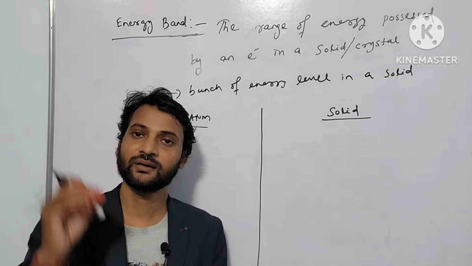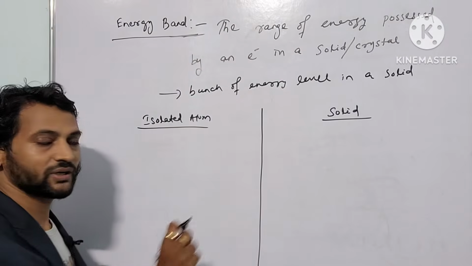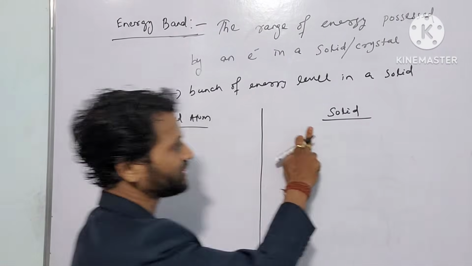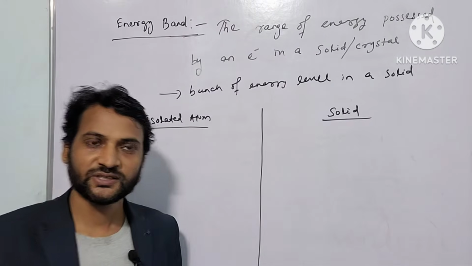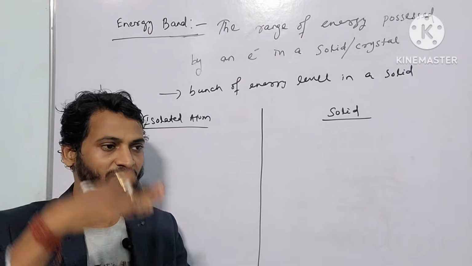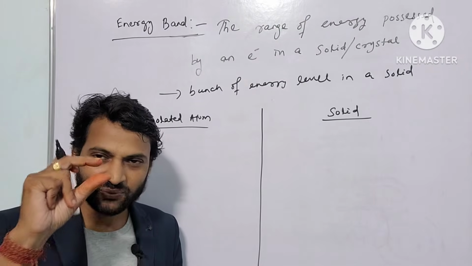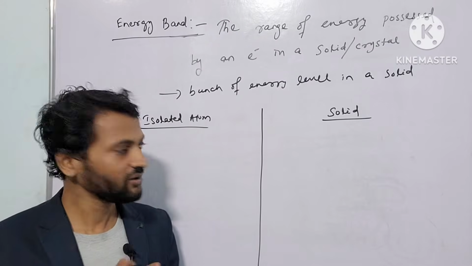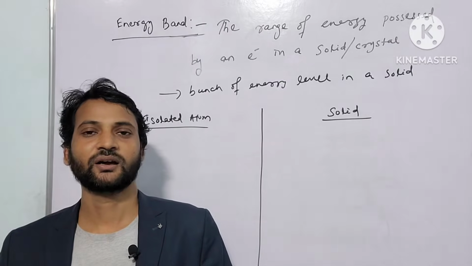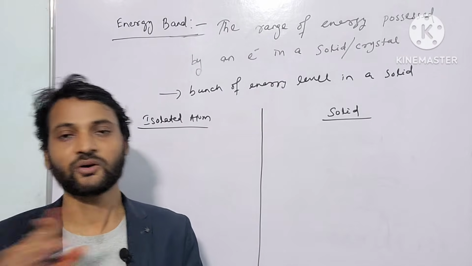The energy possessed by the electron in a particular orbit is fixed, that is constant. But in case of a solid, what happens? The energy possessed by the electrons in an orbit, there are various electrons, so all will have different amounts of energy. The difference is very small because of the interaction of the electron of one atom with the electron of another atom in the same orbit.